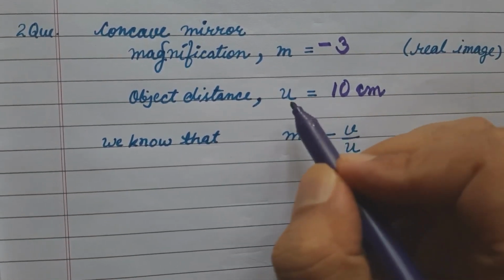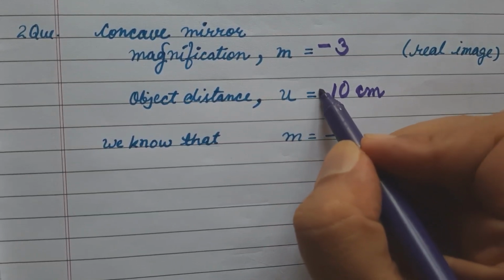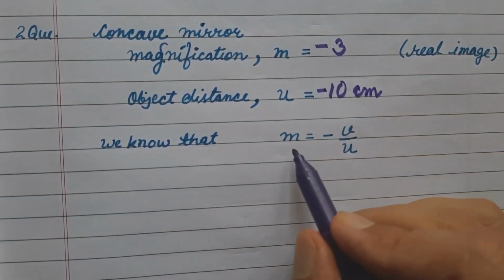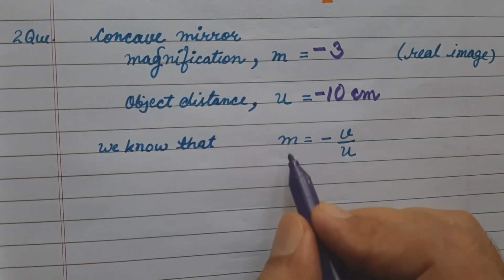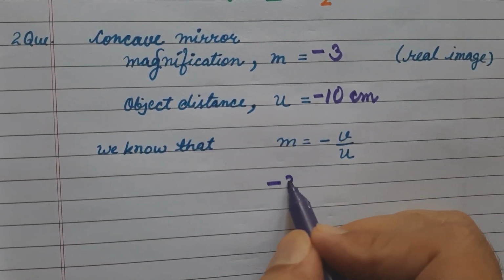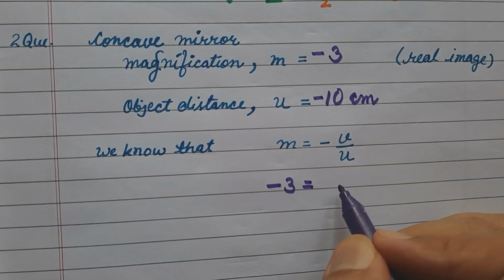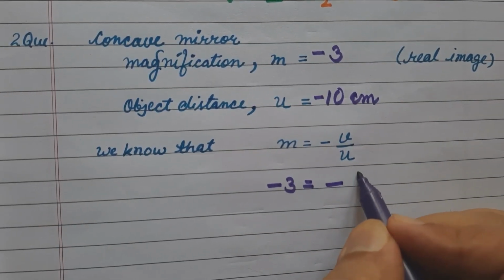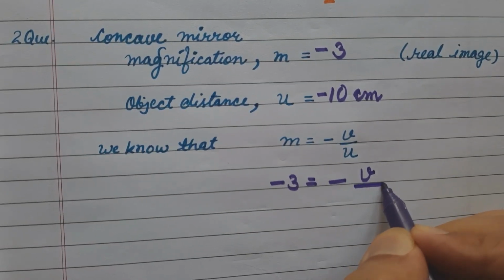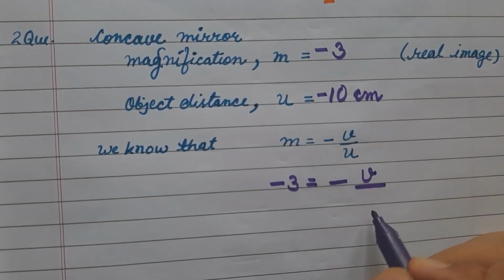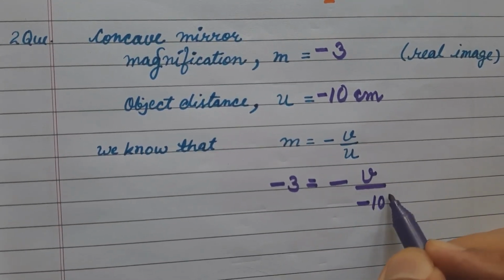As we know, object distance is always negative. We know that m equal to minus v upon u. Let us fill the values. M equal to minus 3, equal to minus v, image distance we have to find out, upon u, its value is minus 10.